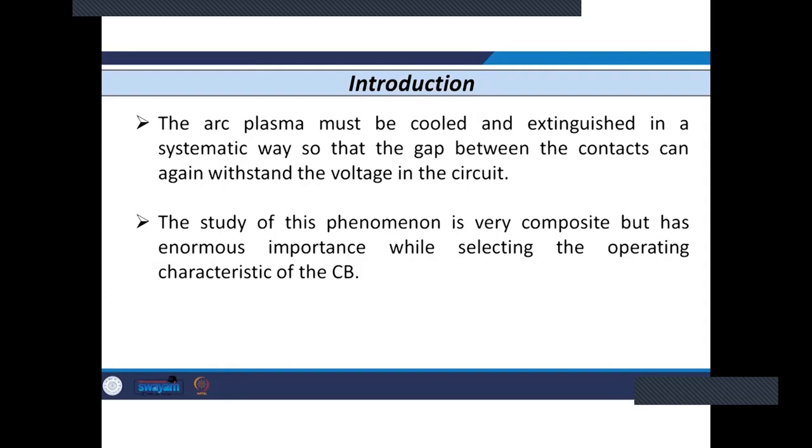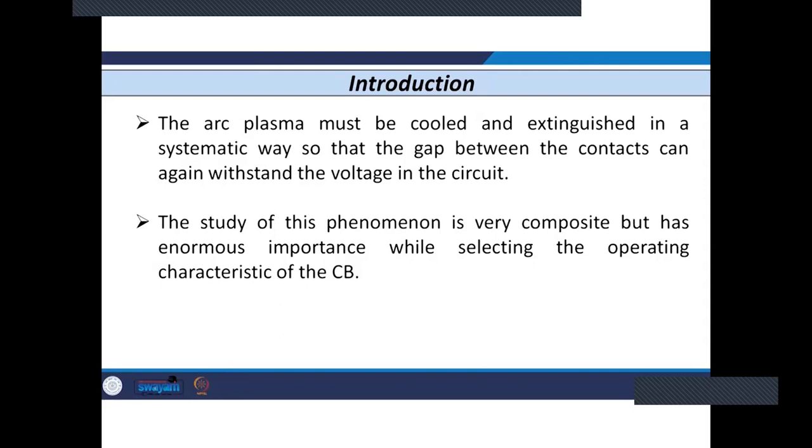One is the horn gap. The horn gap provides the quenching of the arc. First it separates the arc outside the contacts, and then it provides a high resistive path by the air gap.